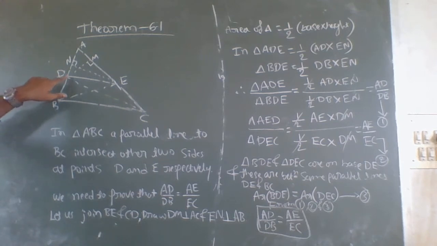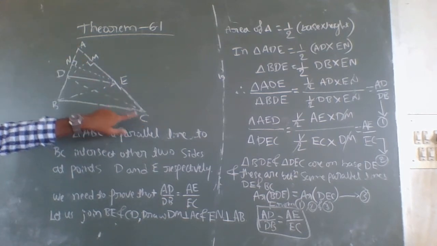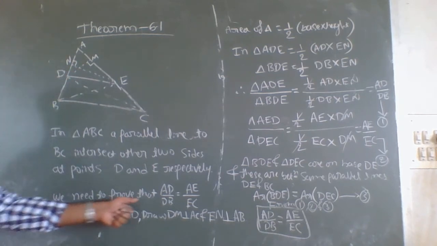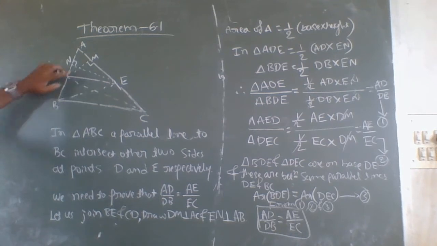So here DM is perpendicular to AC and EN is perpendicular to AB. And we need to prove that AD by DB is equal to AE by EC.